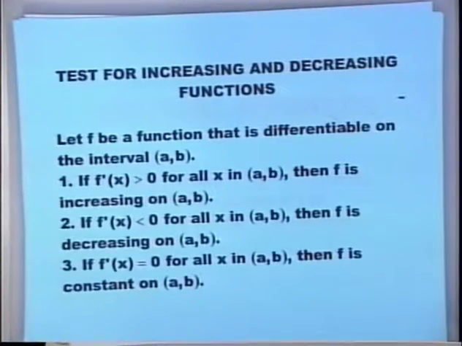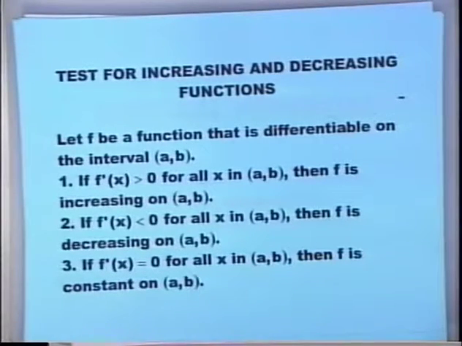So we have this test for increasing and decreasing functions. If our derivative is positive, our curve is increasing. If our derivative is negative, then our curve is decreasing. If the derivative is equal 0 for an entire interval, then the function is constant on that exact interval.